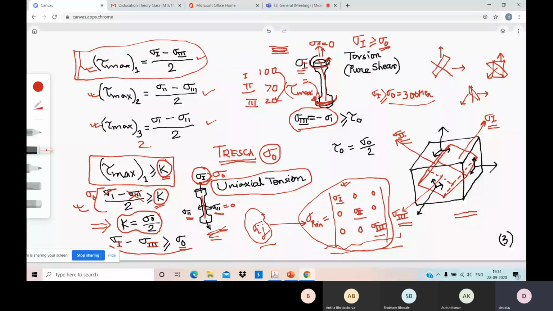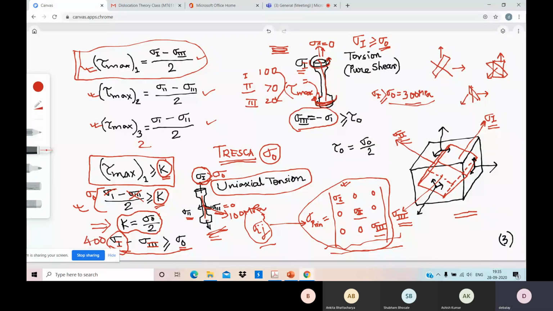Suppose I apply a sigma 3 in positive direction with a value of 100 MPa. What will happen? Suppose in this direction, I am additionally applying a stress of 100 MPa. Then what sigma 1 do you need to reach to cause yielding? Sigma 1 minus 100 should exceed 300. So sigma 1 now increases to 400 MPa.